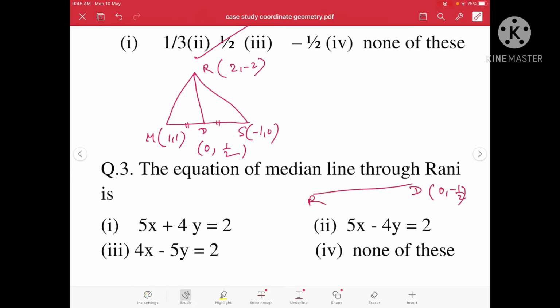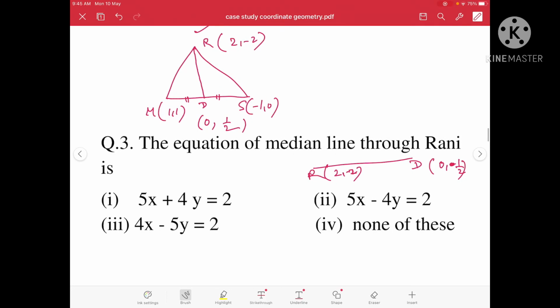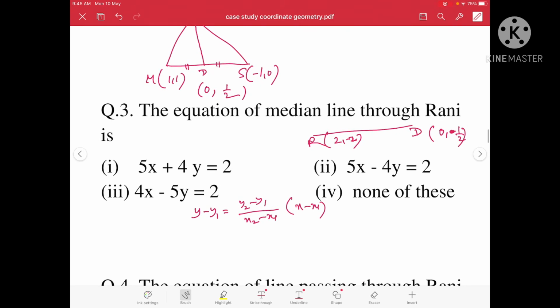D is (0, 1/2) and R is (2, -2). Again use the two-point formula: y minus y1 equals (y2 minus y1) by (x2 minus x1) into (x minus x1). Put the values and the result will be 5x plus 4y equals 2. So the first option will be the correct answer.